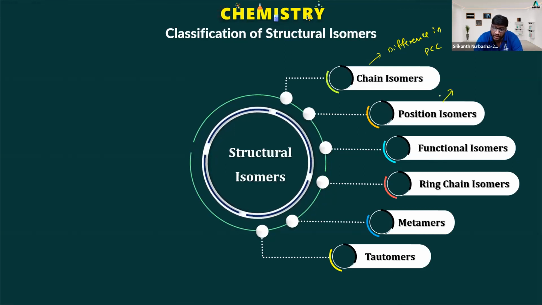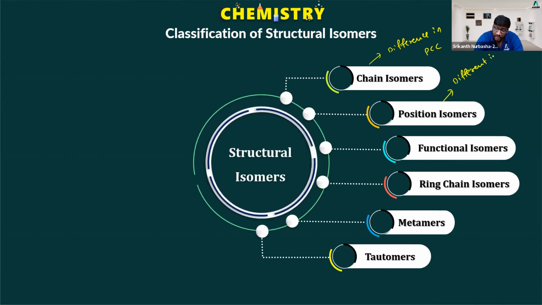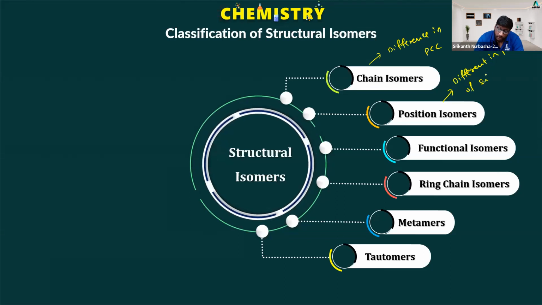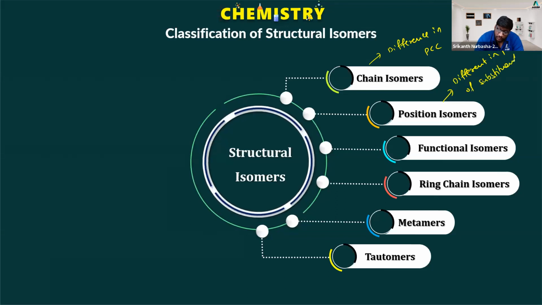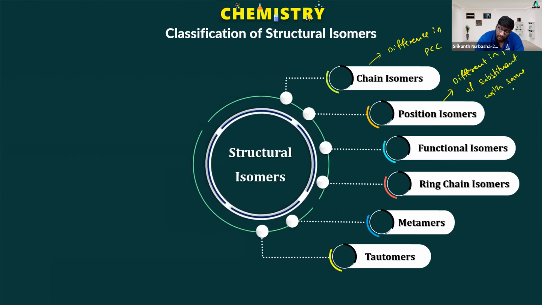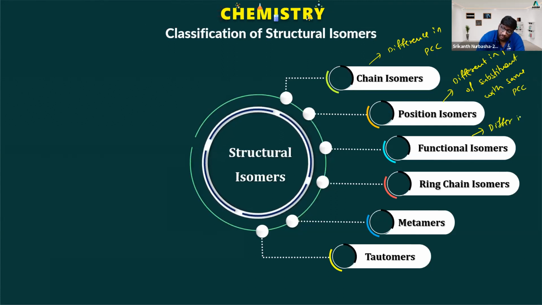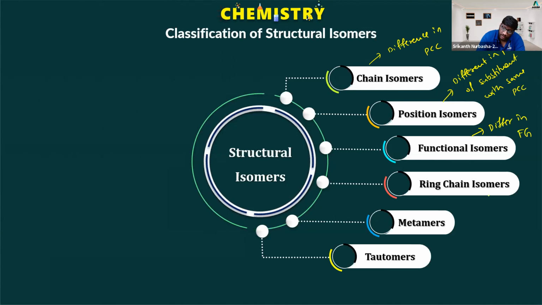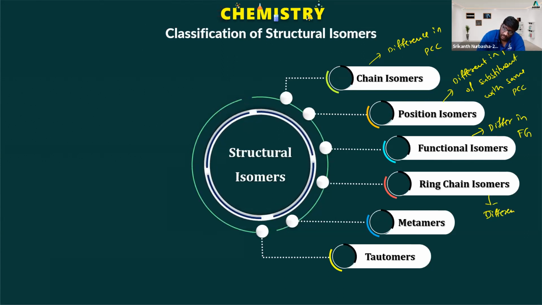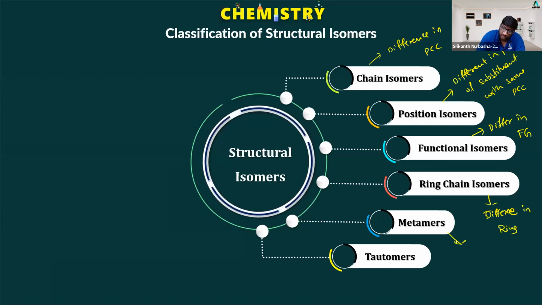Position means a difference in the position of the substituent with the same parent carbon chain. Functional group isomers differ in functional group. Ring chain isomers differ in ring.